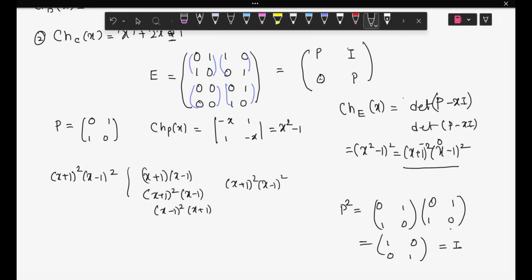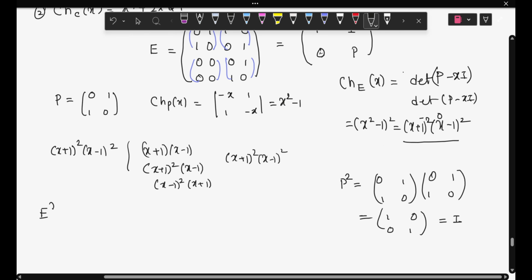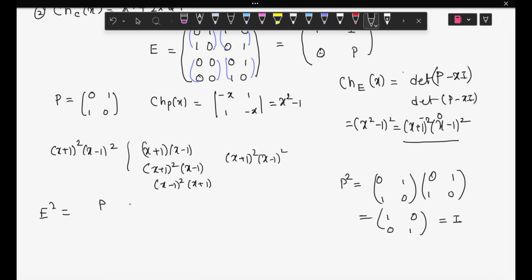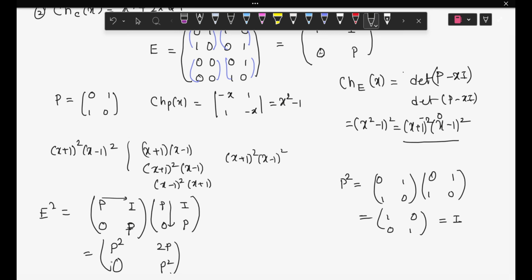So E square: E is the matrix [P, I; 0, P], and we can calculate E square by the block matrix method. What do I mean by block matrix method? If I multiply this row with this column by usual matrix multiplication, that gives you P square, 2P, 0, P square, which is [I, 2P; 0, I].